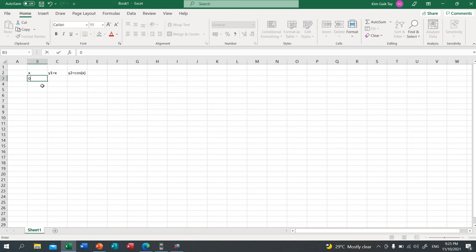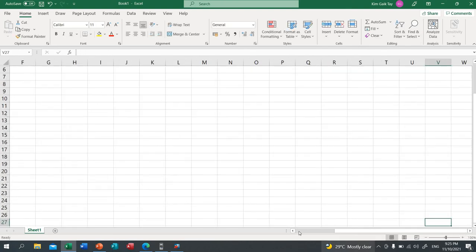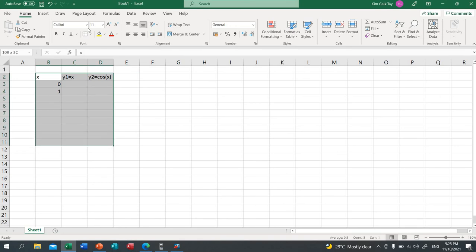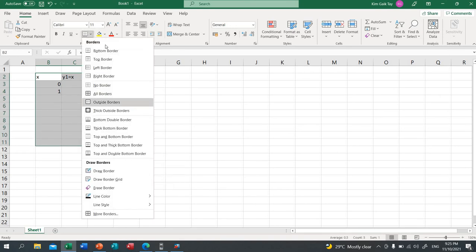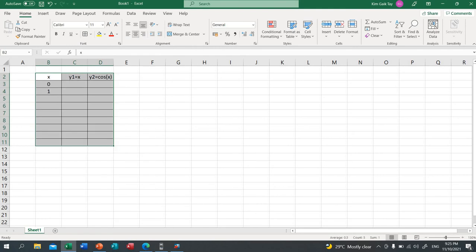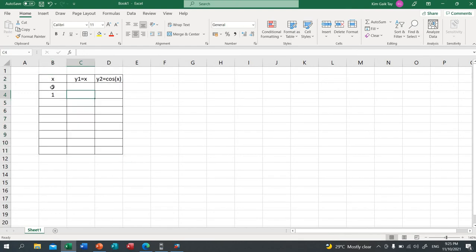And let's say 0. So I better zoom it so you can see clearly. We first put the border. Okay, you see I just key in 0, 1 and I select these two cells.